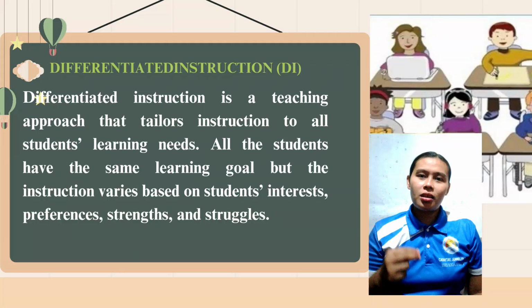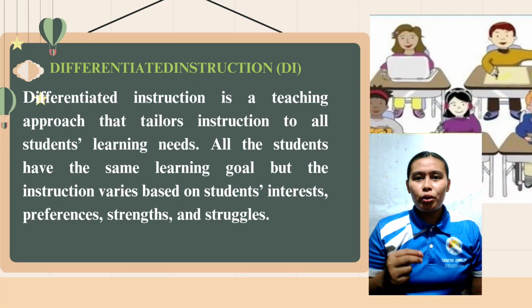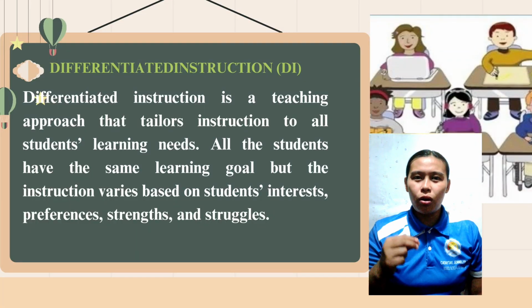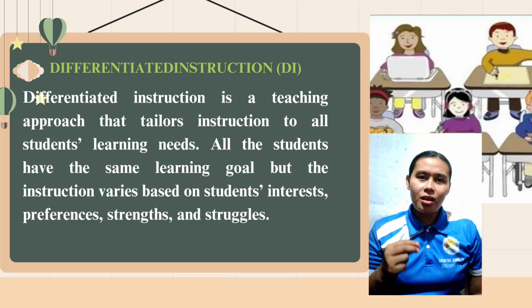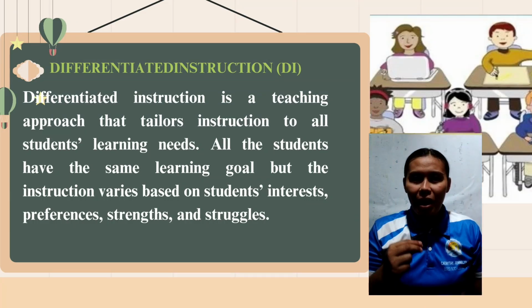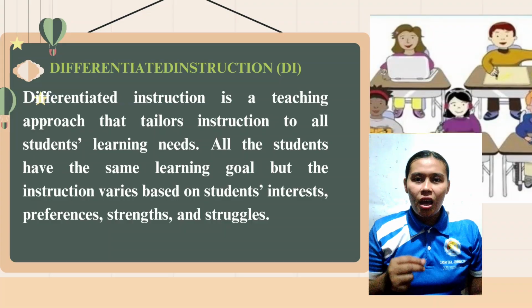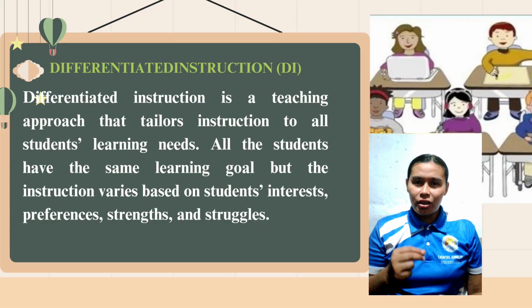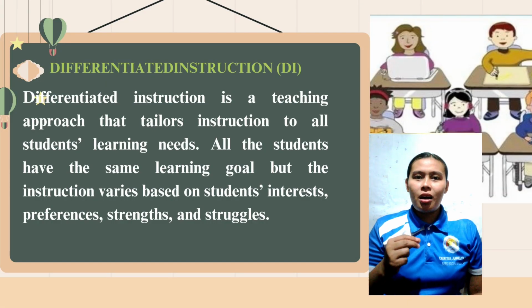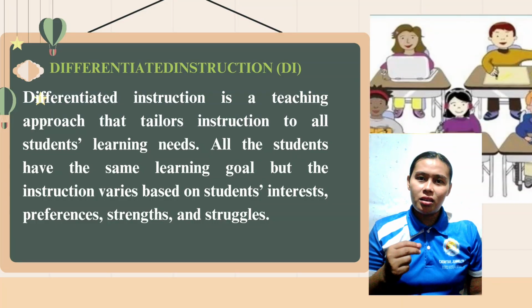Differentiated instruction is a teaching approach where all students aim for the same learning goal, but the teacher adjusts how lessons are taught, practiced, or assessed based on students' abilities, interests, and learning styles. This helps every learner understand the lesson in a way that works best for them.